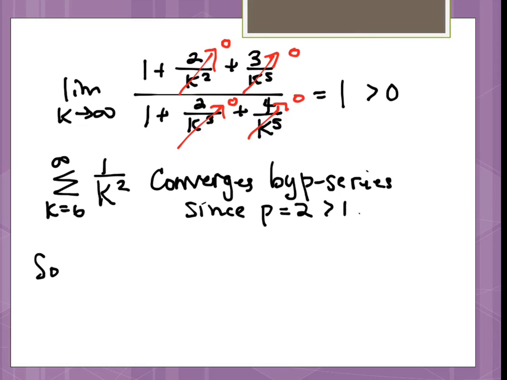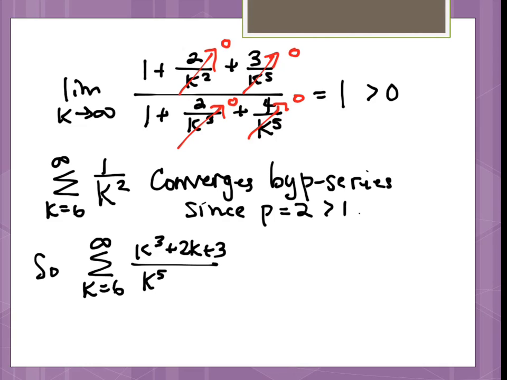So the summation from k equals 6 to infinity of k cubed plus 2k plus 3 over k to the fifth plus 2k squared plus 4 also converges. Why?